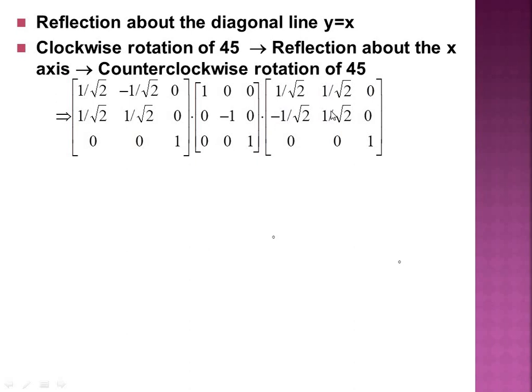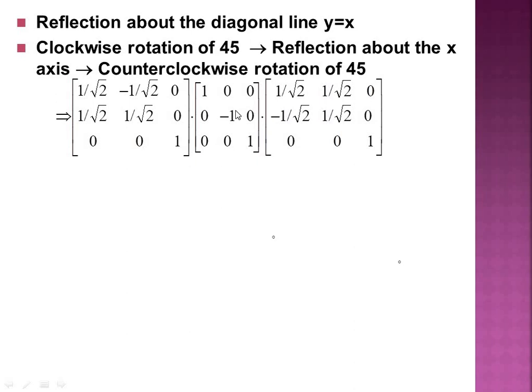We have substituted the values of cos 45 and sin 45 in the rotation matrix, and in this way we have derived this matrix. If you want to know how rotation is performed and what the standard rotation matrix is, you can watch my previous video lectures about 2D transformations. The link is given in the description.